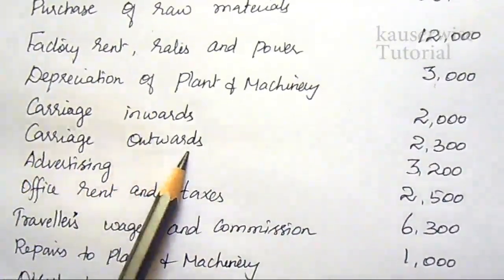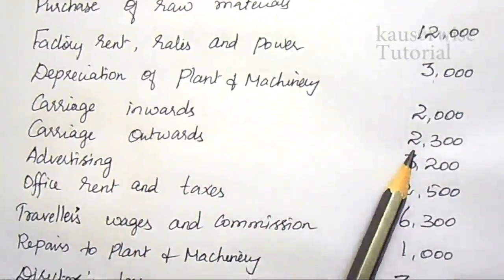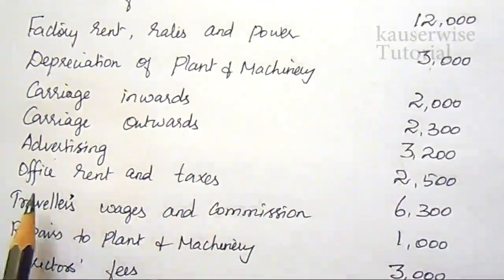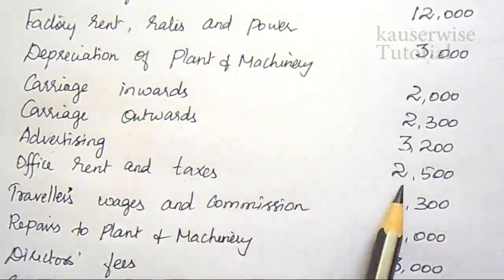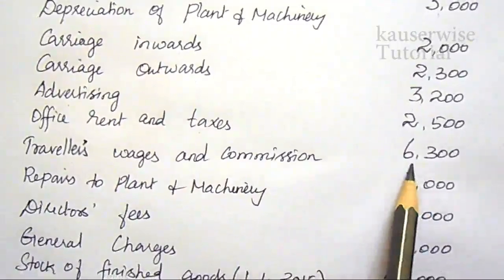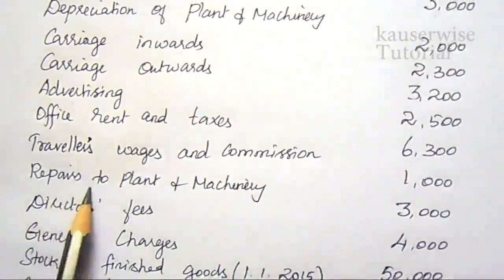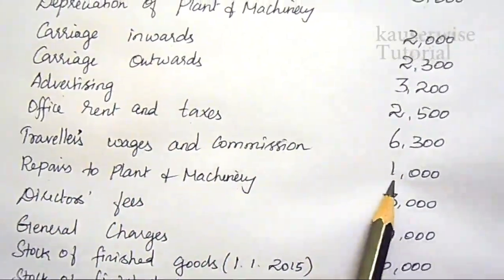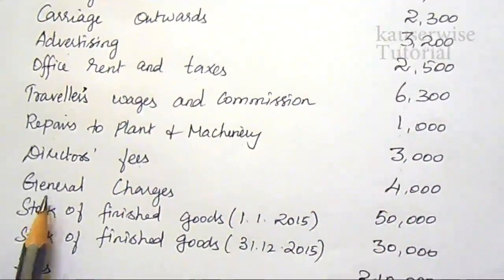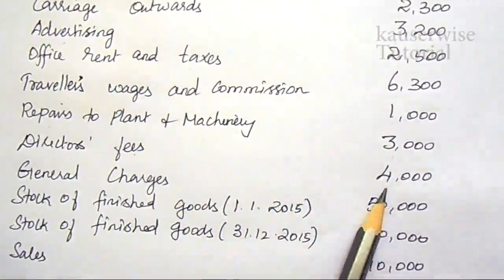Next one, carriage outwards 2,300. Then advertising 3,200. Office rent and rates 2,500. Travelers wages and commission 6,300. Repairs to plant and machinery 1,000. Director fees 3,000. Next one, general charges 4,000.